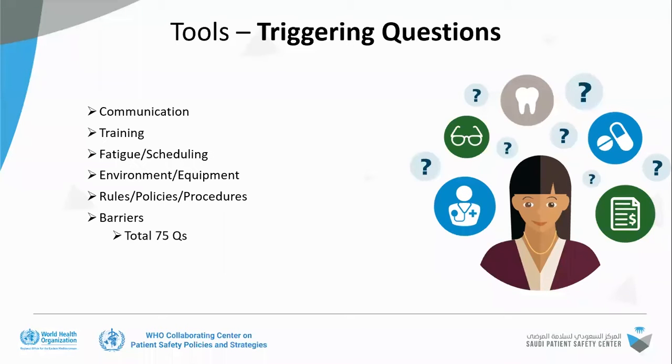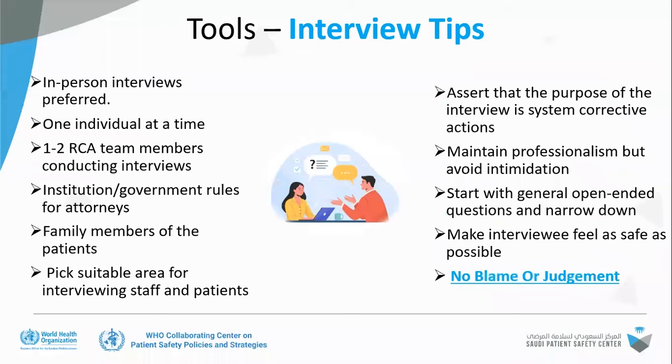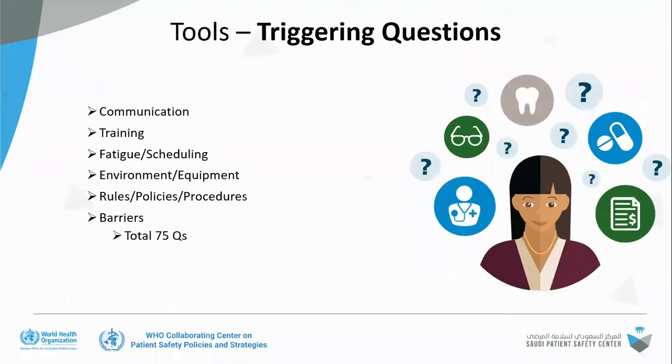These questions cover all the areas that can be missed during the investigation, such as communication, training, fatigue and scheduling, environment, rules, and barriers. Each triggering question should be answered with yes, no, or not applicable.